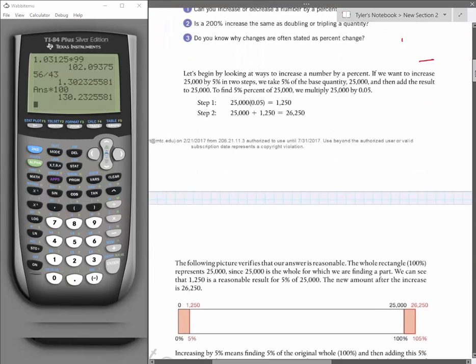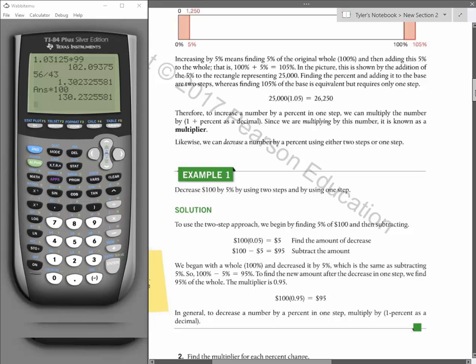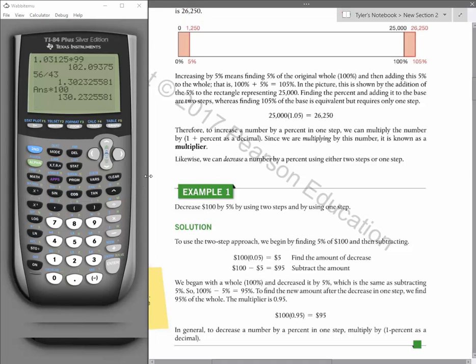Again, you can read over that, and there's a nice visual here. There's also this idea of a multiplier, which is important. To figure out the multiplier, if we take 1 plus the percent as a decimal, we get what's called a multiplier, so we know what to multiply by.